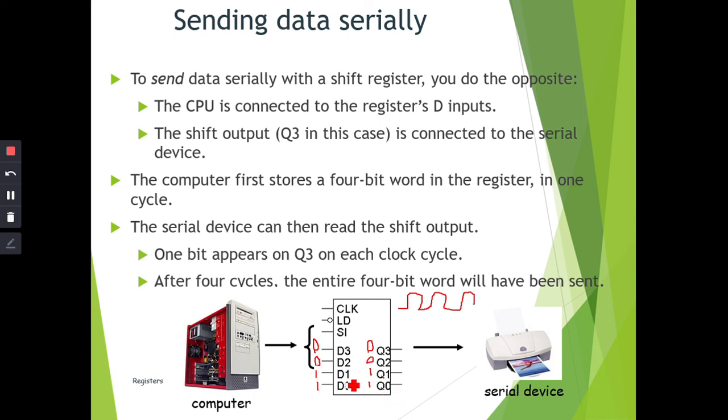What happens is that before the computer sends new data, this shift register needs to send the data serially to the printer here. This is just an example. So at the first clock cycle, 0 is going to be output here. So we're going to send 0 here. Then the data is going to move up.